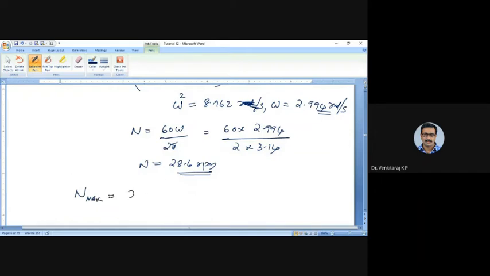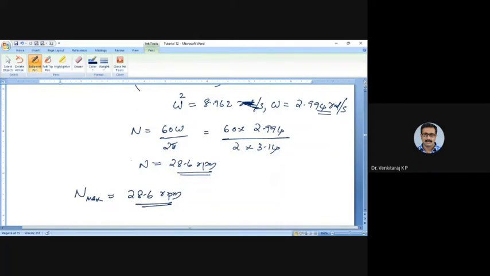That means 28.6 will be the minimum. So you have two sets of values, n equal to 33 rpm corresponding to the separation criteria in the suction pipe, and n equal to 28.6 rpm corresponding to the delivery pipe.